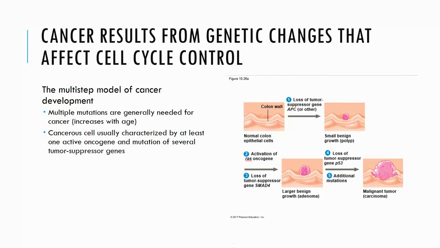So first we have the loss of the tumor suppressor gene, and a small benign growth or a polyp will start to form. And then we have activation of the RAS oncogene, loss of a tumor suppressor gene. And so now we have a larger benign growth. And then we have the loss of tumor suppressor gene p53 and additional mutations that lead to a malignant tumor.